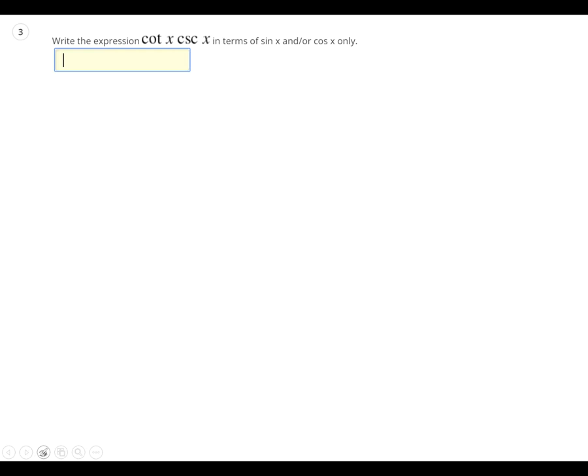All right, looking at this one, it's weird, if I remember right. It says we've got to go into terms of sine and cosine, is the instruction, so I might as well just do that. What's another name for cotangent? Cosine over sine. Cosine x over sine x. All right, what's another name for cosecant? 1 over sine.